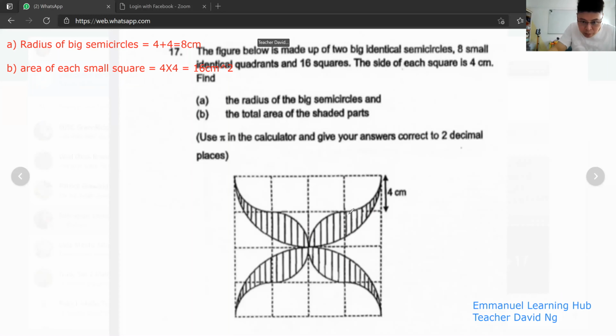How come I'm so sure about this part here? Because the area of this part, the quadrant, minus the square, and minus one more square, because this part here is actually this part.